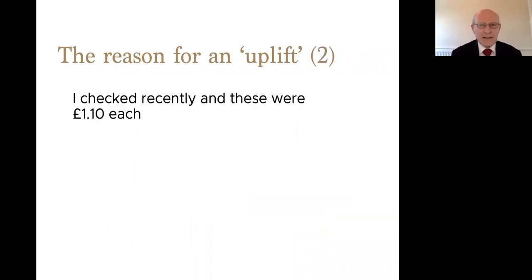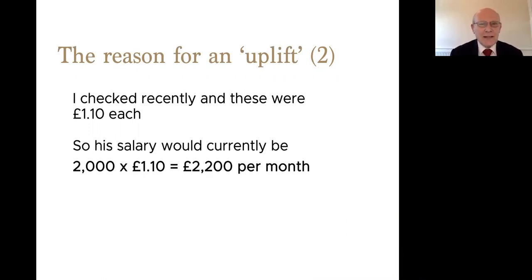Well, I did check recently and they were priced at £1.10 each. So in terms of money, how much am I going to pay John? Well, currently his salary is going to be 2,000 times £1.10. So that is £2,200 per month. That's what I'm paying him now.